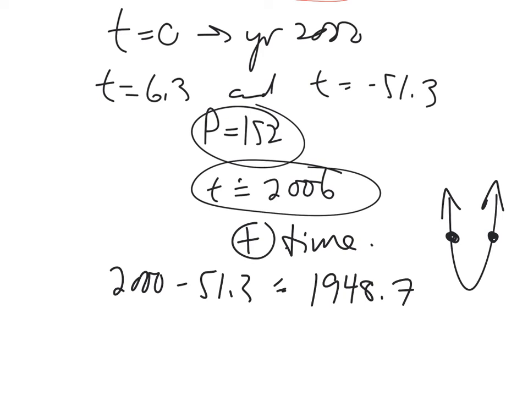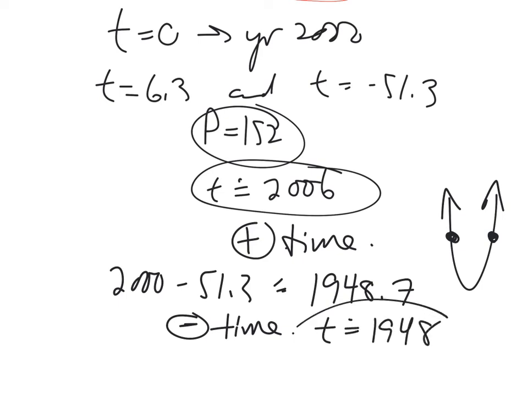So technically, there are 2 points in time when the population is 152,000. If we consider the negative time frame going back in time, the year would be approximately 1948. So, do we consider both? Technically, yes, but we're moving forward with positive time. So, in terms of positive time moving forward, we can expect the population to reach 152,000 in the year 2006.